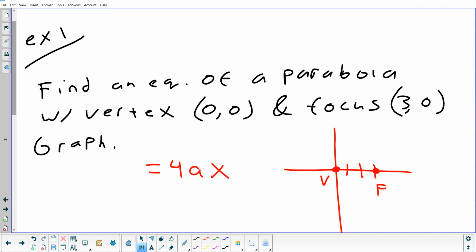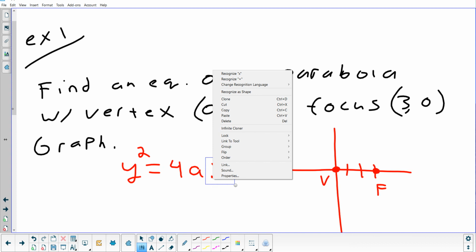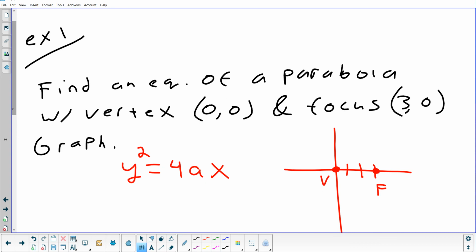What goes on the other side is the other variable squared. That's what makes something a parabola. One variable is squared. One variable is linear. Okay. When they're both squared, well, that's a different shape. We'll talk about that next time. Okay, so there's the formula we have to use.